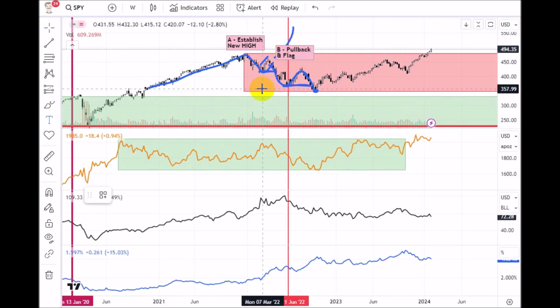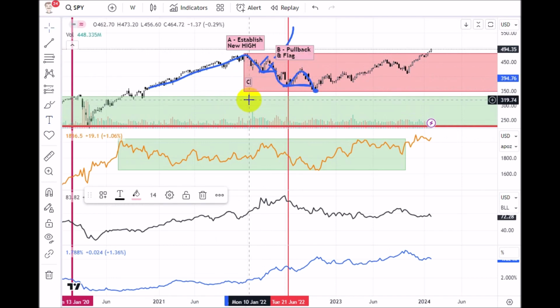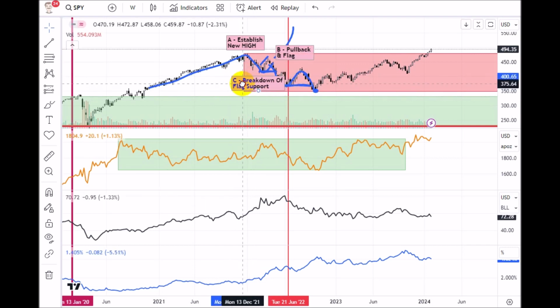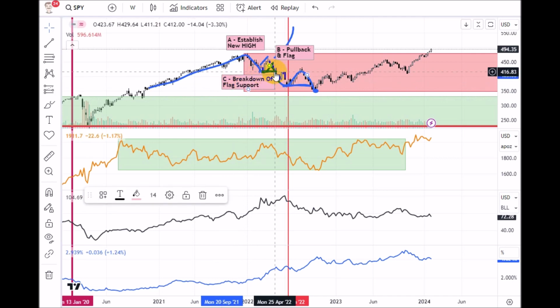C is the breakdown of resistance right here. So it's really support, not resistance. C is the breakdown of support right here. That's this area right here.